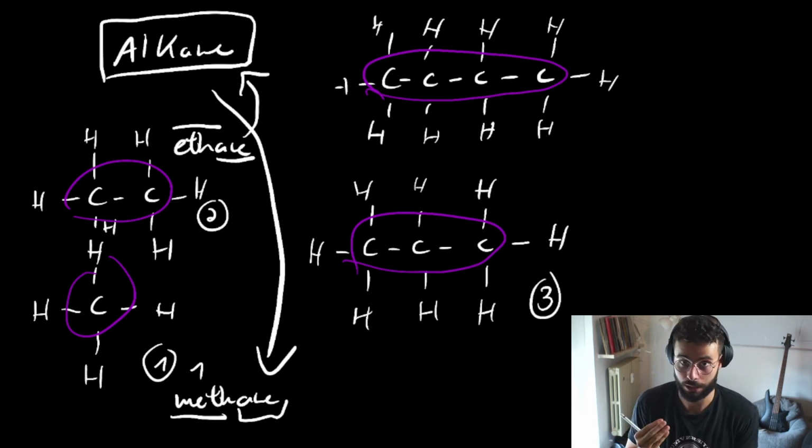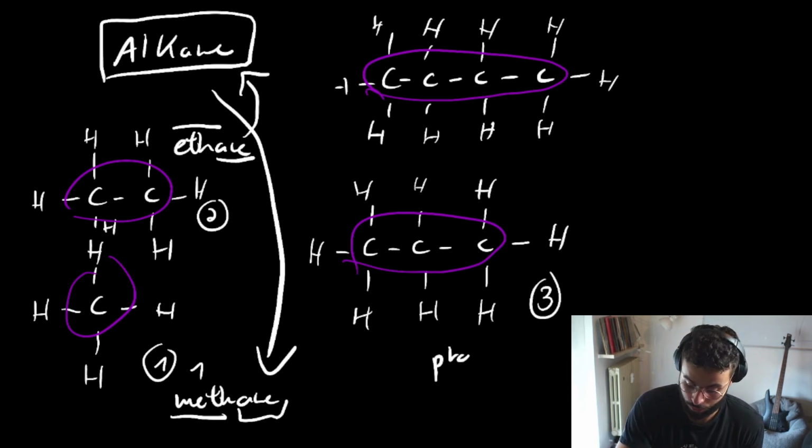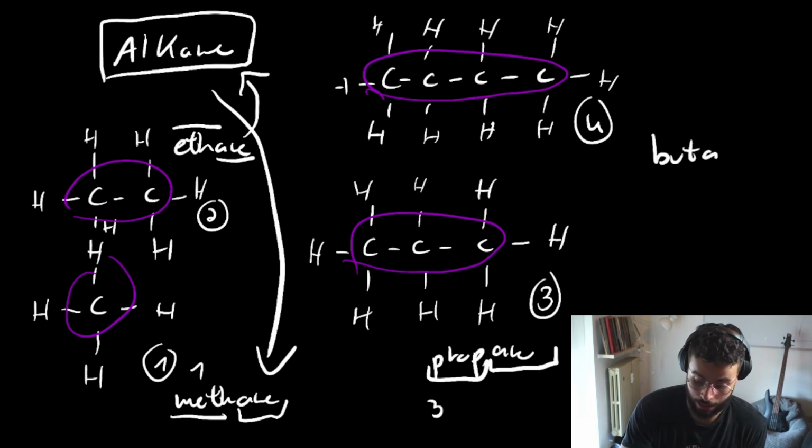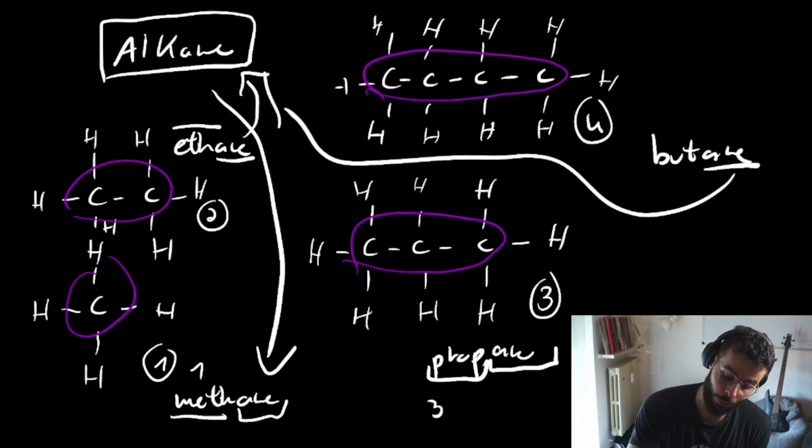If we have 3, we call it propane. Propane, as I mentioned in the previous video. Ane is for the alkane and prop is for 3. If we have 4, it's going to be butane. The same concept, so ane for alkane and but for 4.